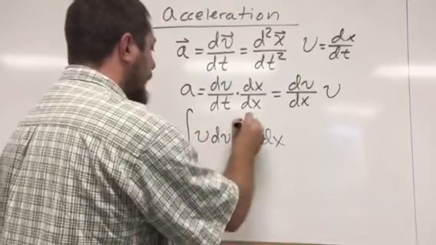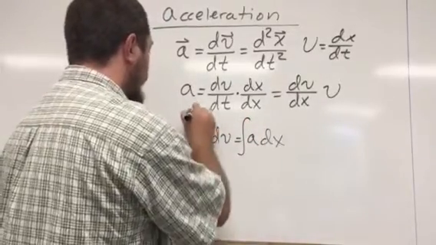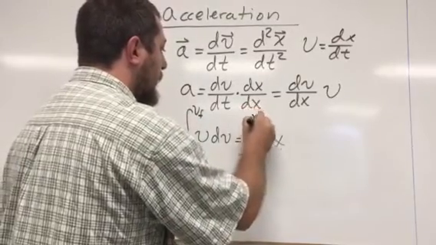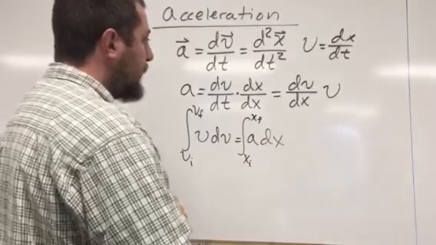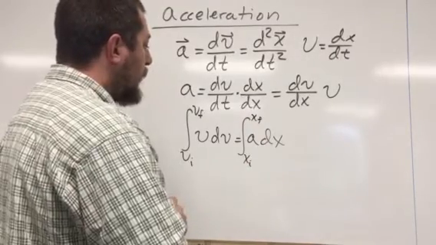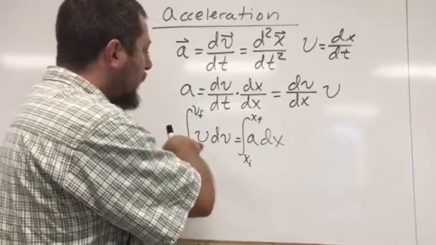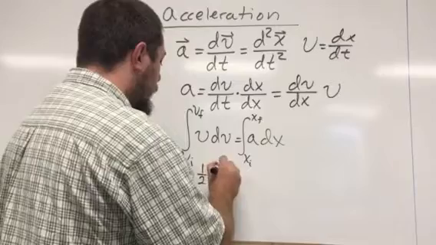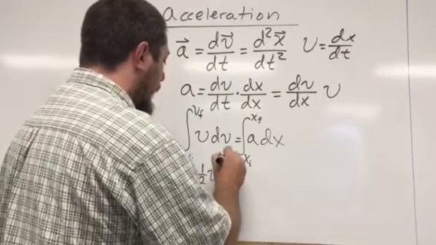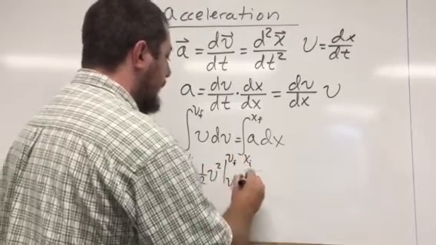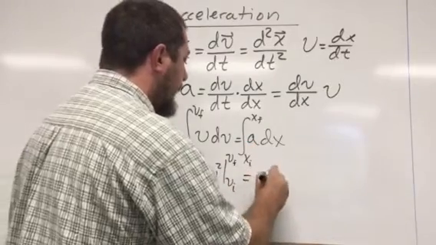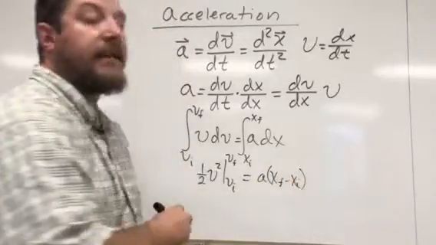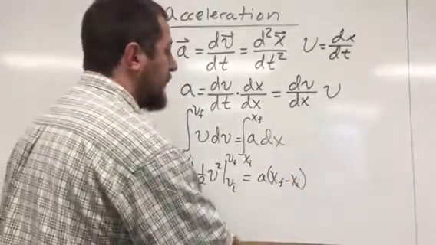And now if I integrate from some initial velocity to some final velocity, and I integrate this side over my position interval, then what I'm going to get is the integral of v dv is 1/2 v squared from vi to vf, and this is going to be a times xf minus xi, but xf minus xi is just my displacement, so this is delta x.